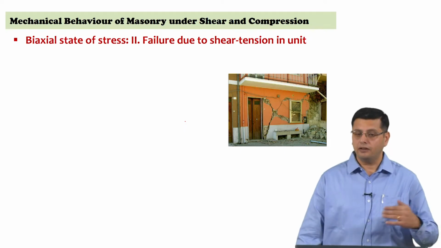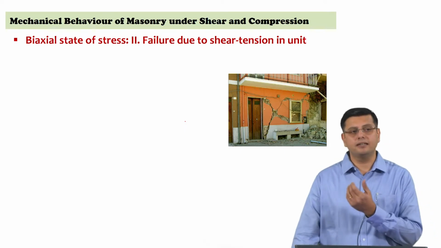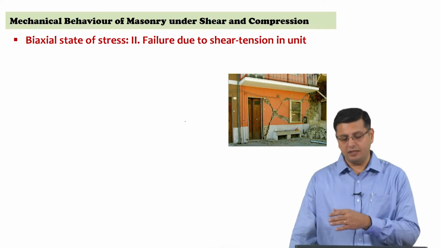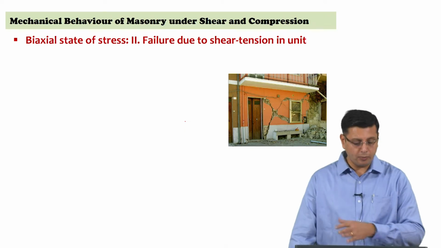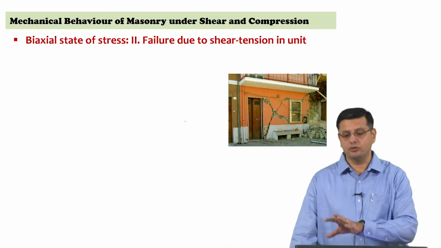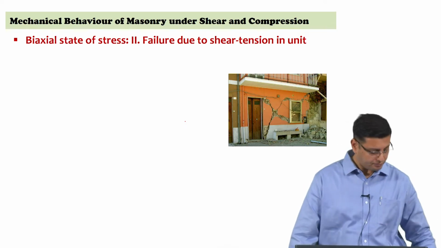So, if you remember, the second criterion that we were examining is the classical diagonal tension failure. The classical X crack that is formed is the failure mechanism that we are actually referring to when we are examining failure due to shear tension in the unit.